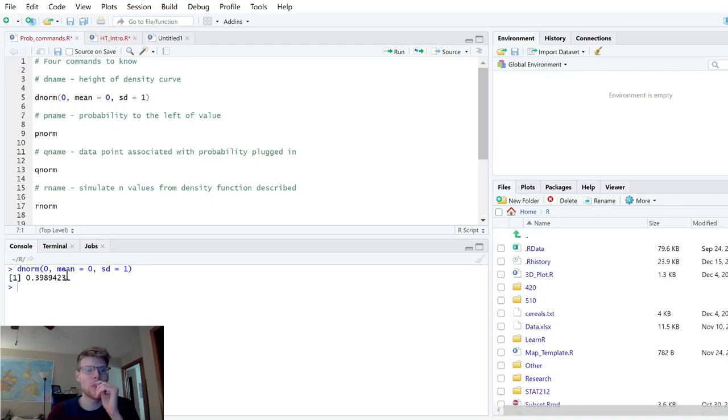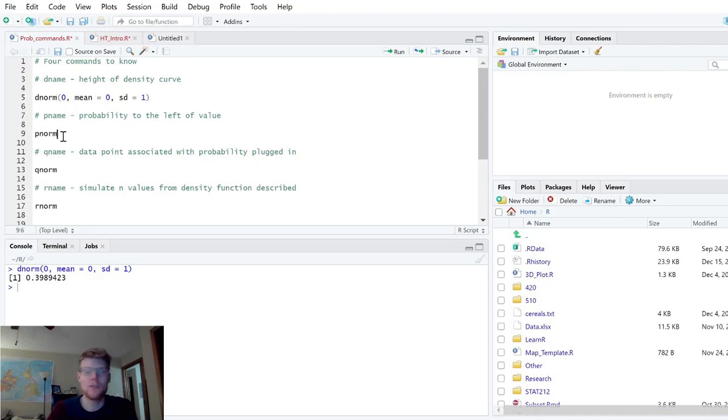So in that sense, the d function isn't super helpful with continuous data unless I'm just trying to plot the density curve or something like that. If I were to simulate dnorm for a sequence of possible values and then create a scatter plot, I could recreate the normal curve. But other than that, there's not a whole lot of use in the case of a continuous distribution.